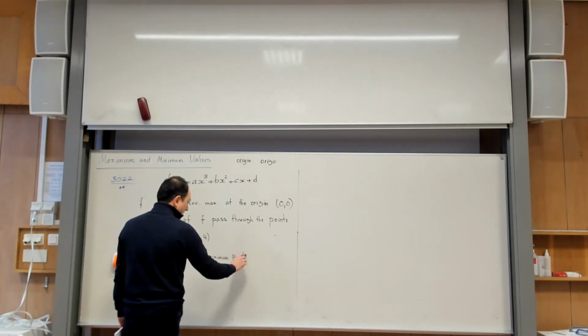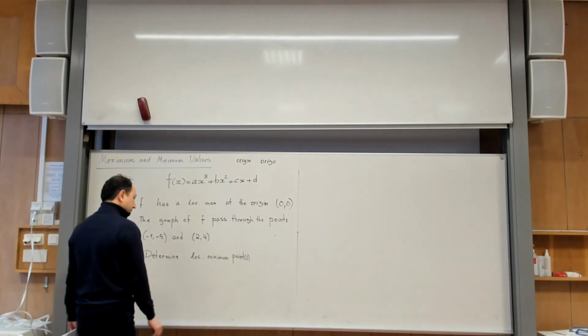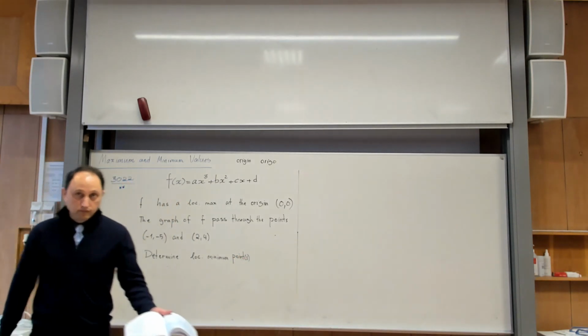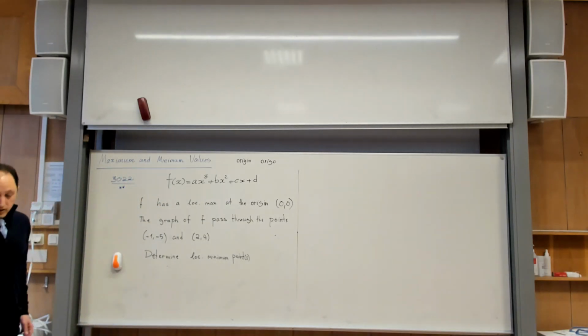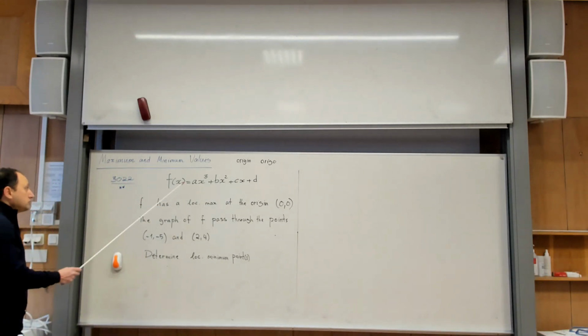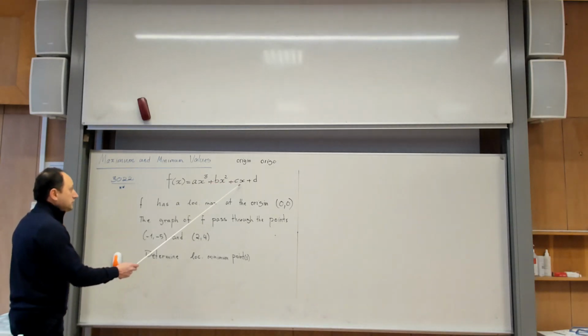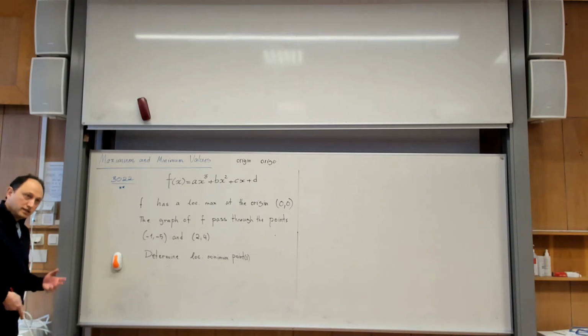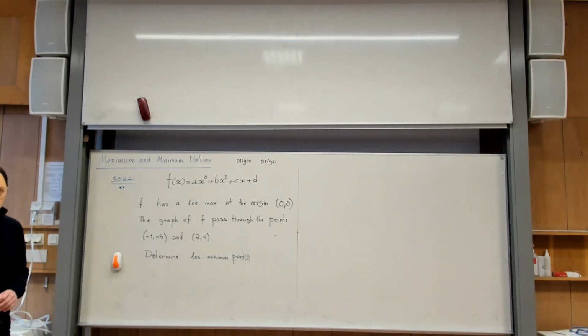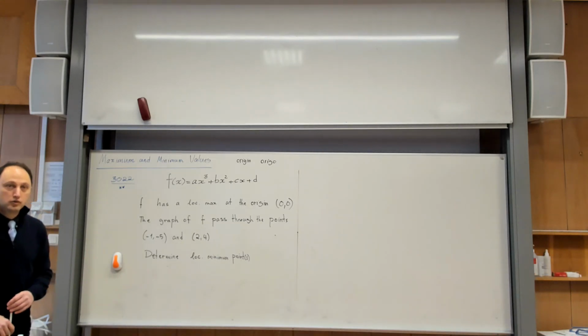Let us see how this will go. I want you to learn these skills. So how many unknowns do you see on the board? a, b, c, d, 4. How many pieces of information do you need, technically, in principle, not always, to be able to find 4 unknowns?